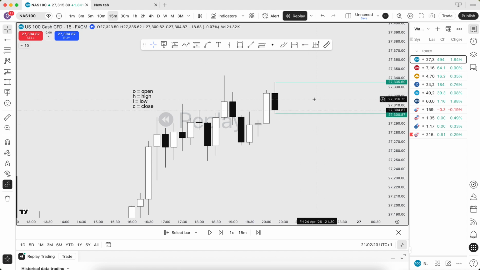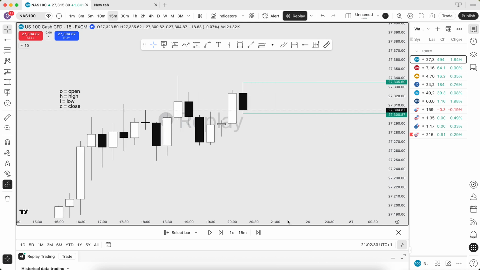High is the highest point of that particular candle. Low is the lowest point of that particular candle. It doesn't matter if it's a bearish candle or a bullish candle, the high and the low are always up and down. But the open and close are inverse to each other.